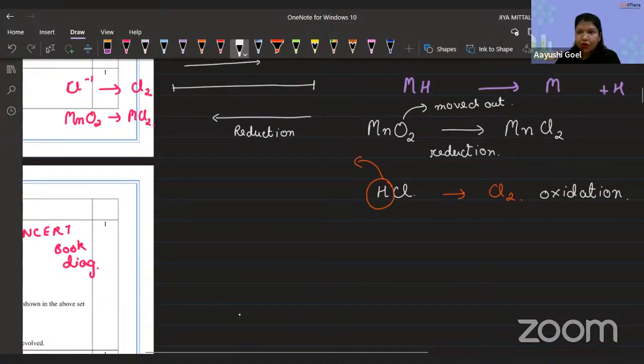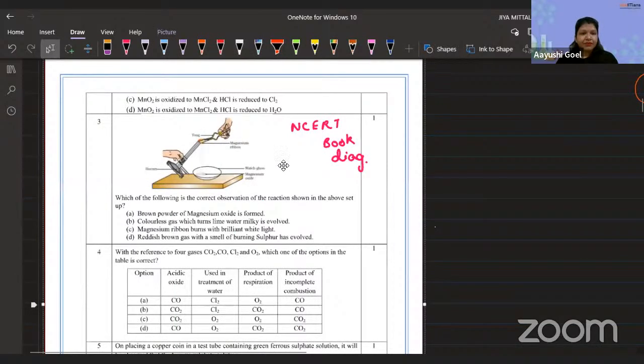Now the next question is about the magnesium ribbon. It is a simple question which was given on the first page of the NCERT. When you are burning the magnesium ribbon, you get a white powder, and that is actually magnesium oxide.